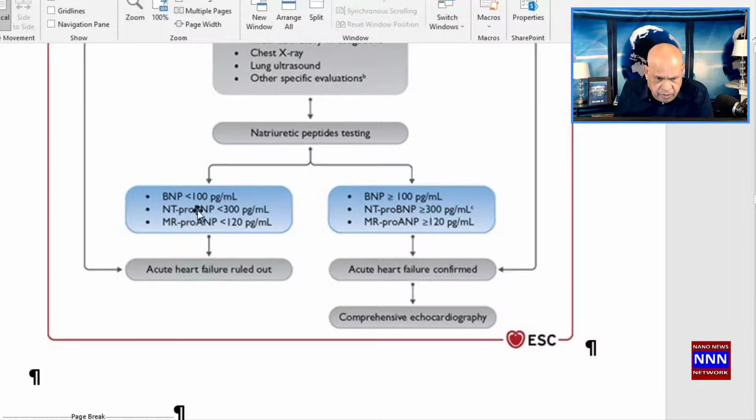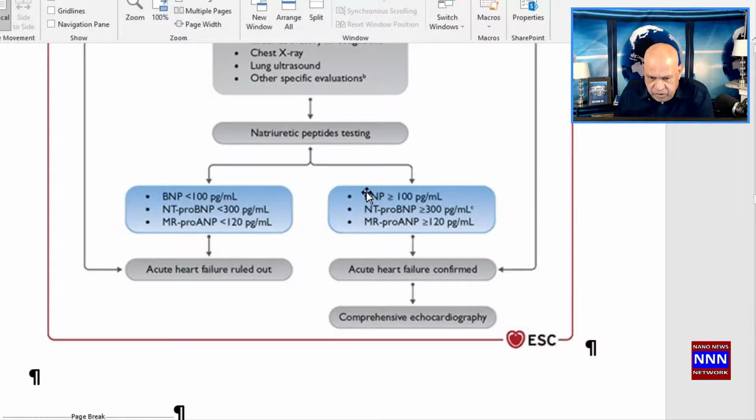Similarly, if the pro-BNP is less than 300 picograms or MR-proANP is less than 120 picograms, I doubt most places do these tests, but most places are doing BNP and pro-BNP. If you have these levels, it will help you to differentiate between a cardiac origin of pulmonary edema versus a non-cardiac origin, which could be related to infection or any number of other causes.